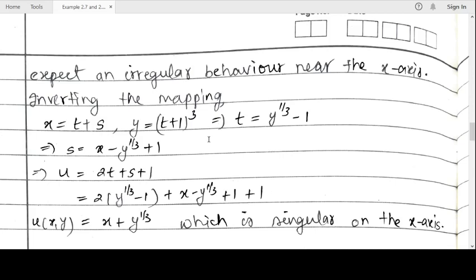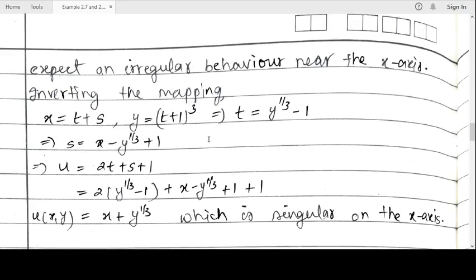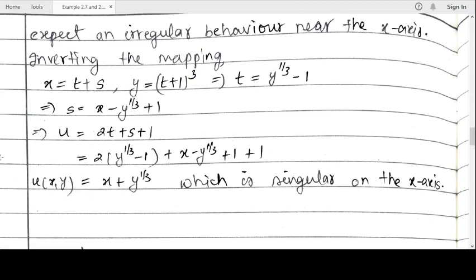Now when we invert the transformation, we have x equal to t plus s, y equal to (t plus 1) whole cube. Since the Jacobian is non-zero, there is no problem in inverting the transformation from (t, s) to (x, y). So we will get u equal to 2t plus s plus 1.